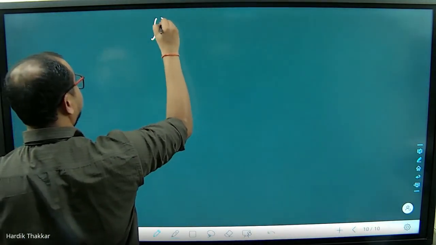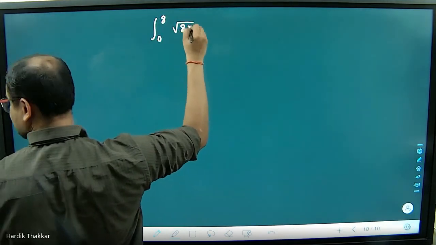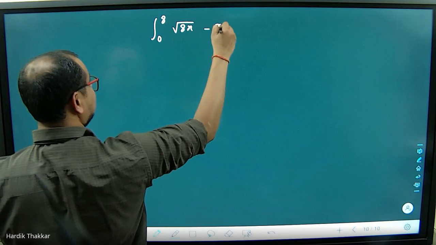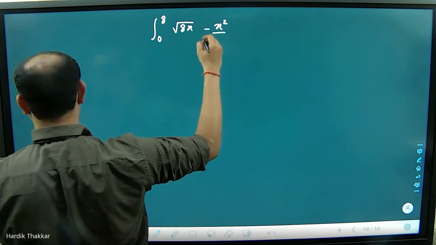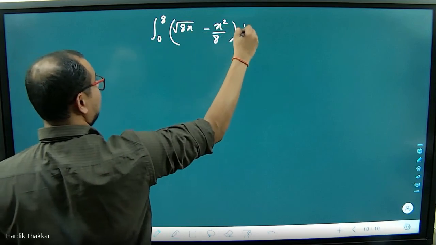Integration 0 to 8, it is root of 8x minus x square divided by 8 dx. Okay.